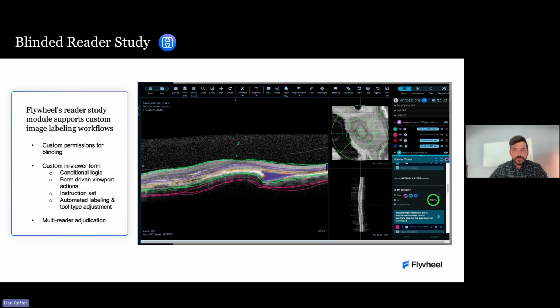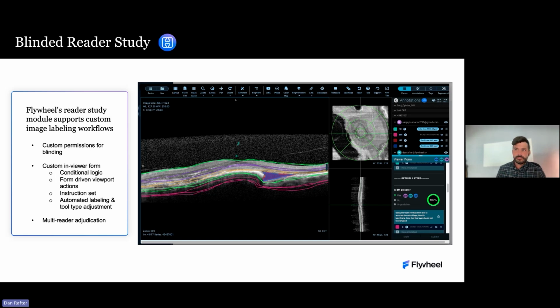Another really valuable aspect here is that as I'm going through, I can actually drive viewport actions based on the way that I've answered the form. So here's an example where we're displaying, is Bruch's membrane present? Yes. Okay. My tool type automatically changes to the tool that the designer has chosen.